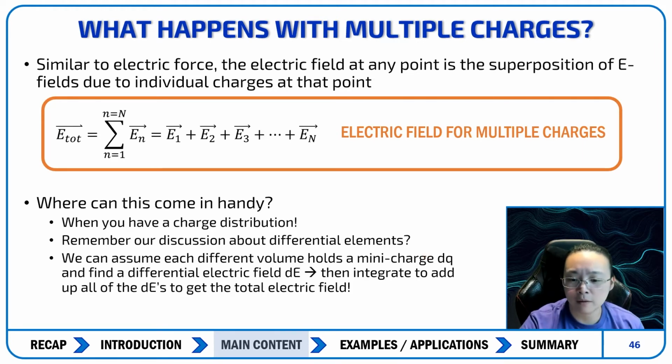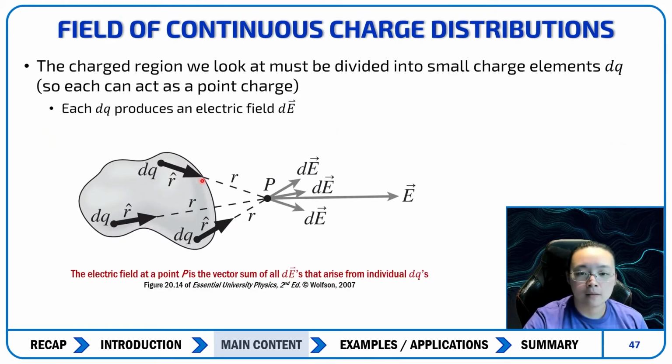So I have a better picture on the next slide. So let's say you have this object and you want to figure out the total electric field felt from this object at point P. This object has some sort of charge distribution, but you also can't consider it a point charge. It's more complicated than that.